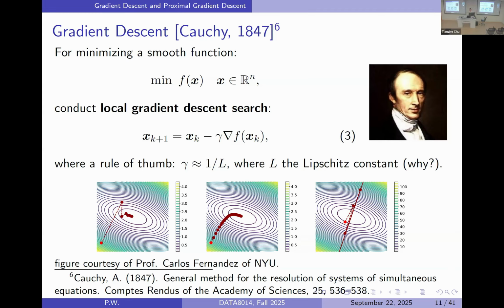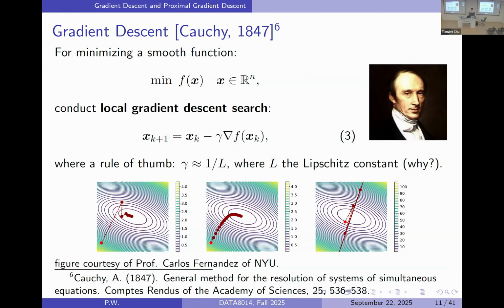Different names, same meaning. A rule of thumb is to take the step size to be 1/L, where L is usually the Lipschitz constant of the gradient. We will explain in the next few pages why we take the step size to be 1/L.